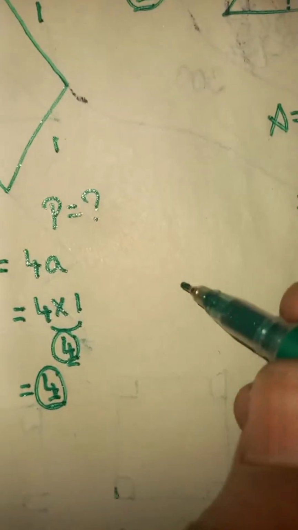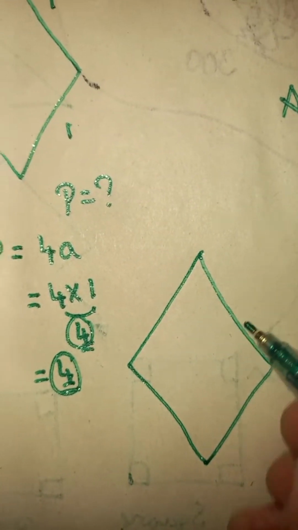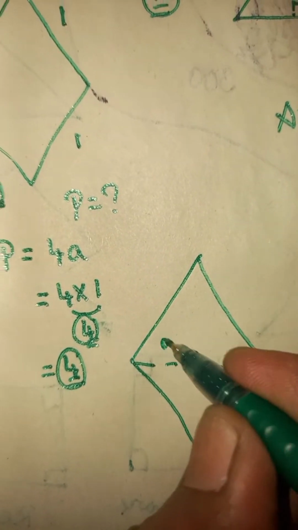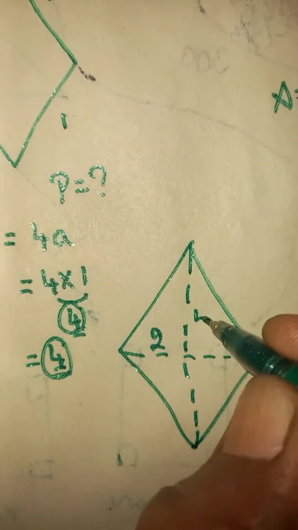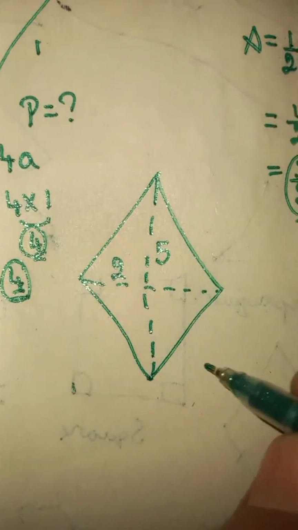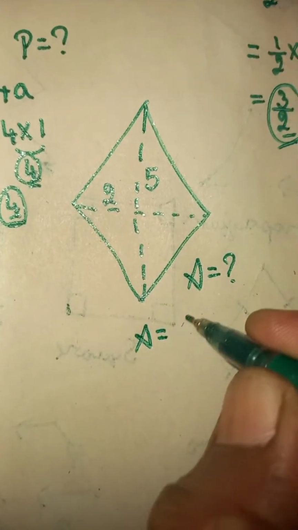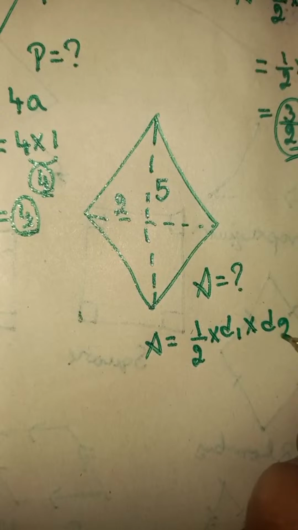Let's find out another rhombus. Here you need to find out the area of the rhombus. Here they have given one diagonal as 2 units and another diagonal as 5 units. You can find it out. The area of the rhombus is half times diagonal 1 times diagonal 2.